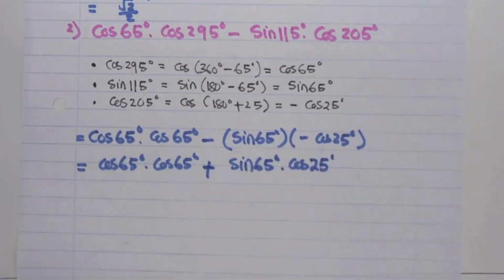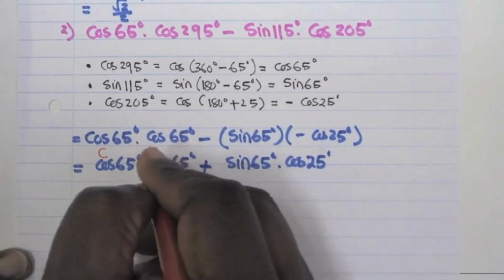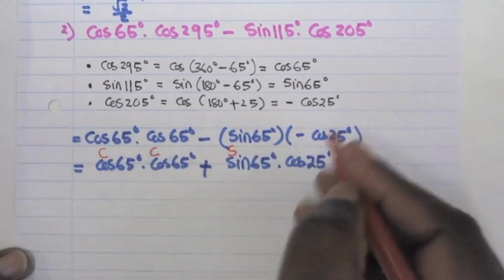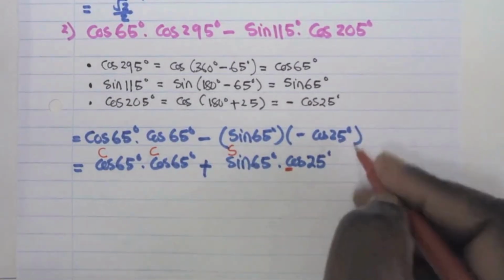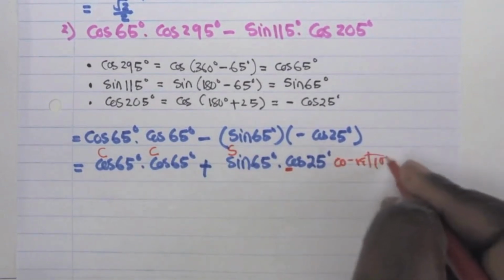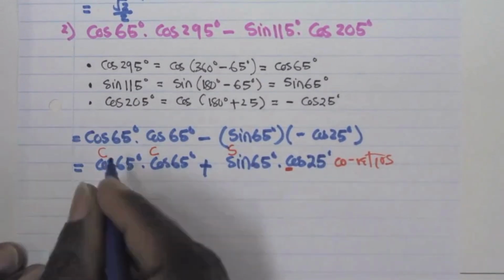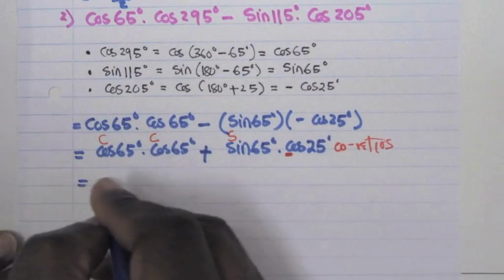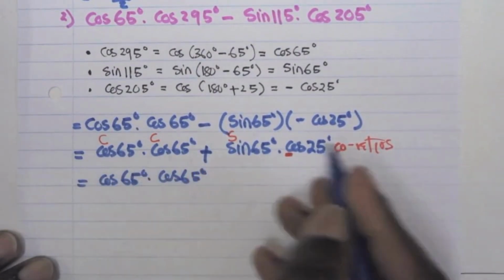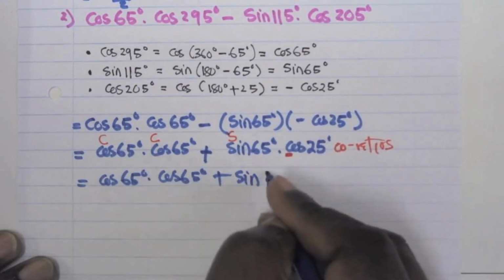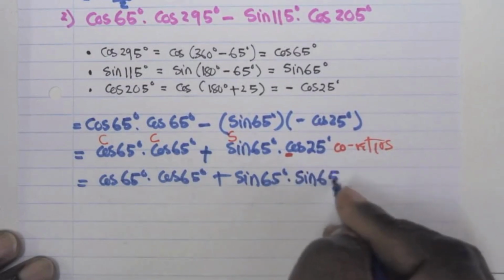If I check for the pattern for the compound angles, I'm going to see that here I've got a C, here I've got an S, and here I've got a C here. So I'm going to use co-ratios to change this part here to sine. So I'm going to write here cos 65 degrees cos 65 degrees plus sin 65 degrees times sin 65 degrees.